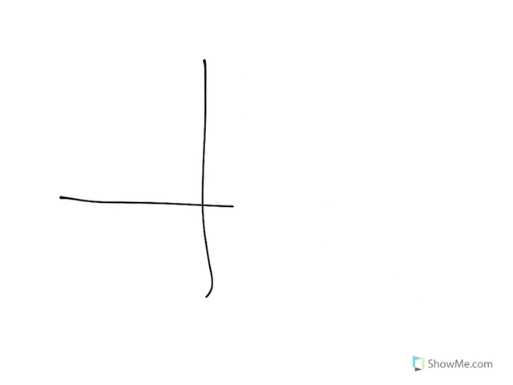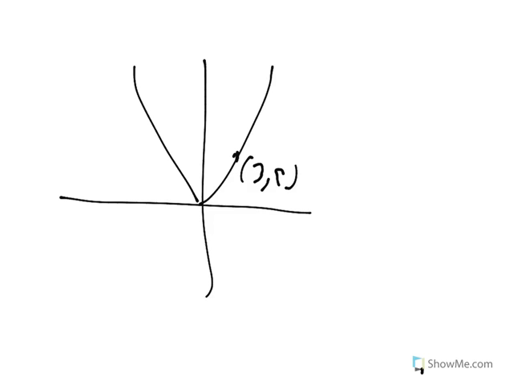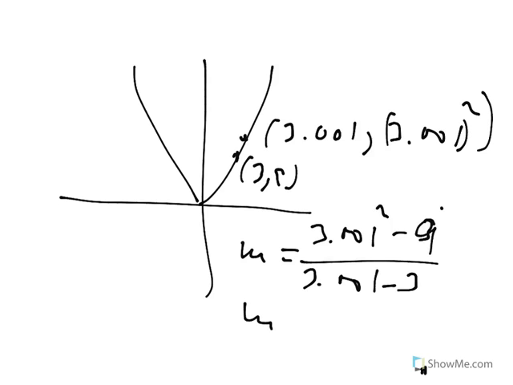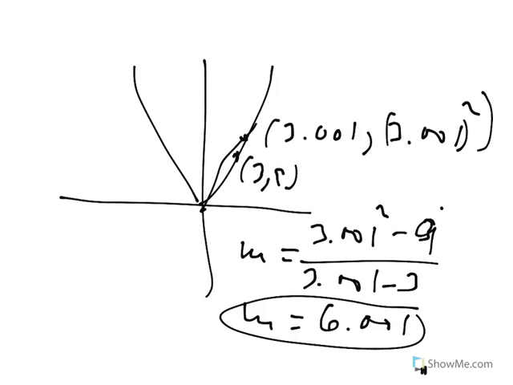And 7 is actually close to the real answer. But if you want a better answer, you can pick a point that's closer to 3, 9. For instance, 3.001, comma 3.001 squared, whatever that is. When you do the slope of that thing, 3.001 squared minus 9 over 3.001 minus 3, you end up with 6.001, which suggests that it's getting really close to 6.